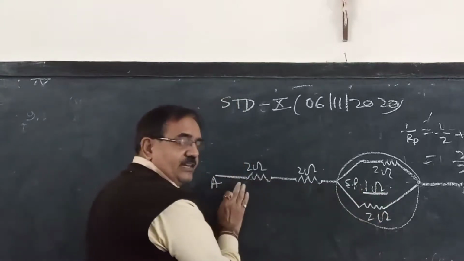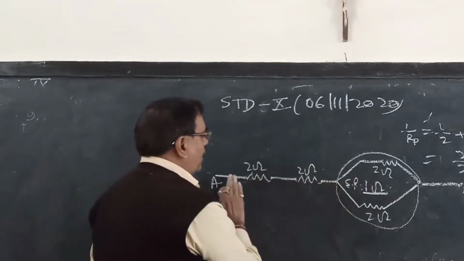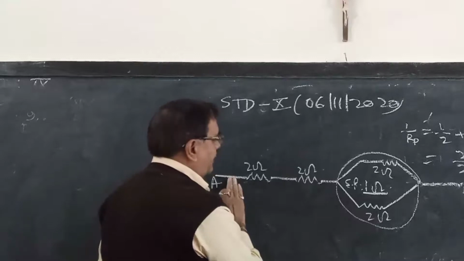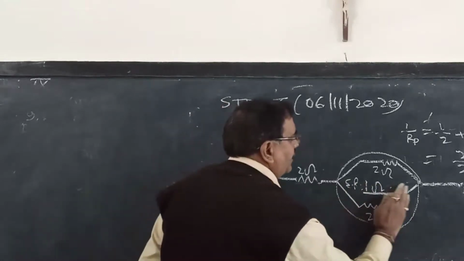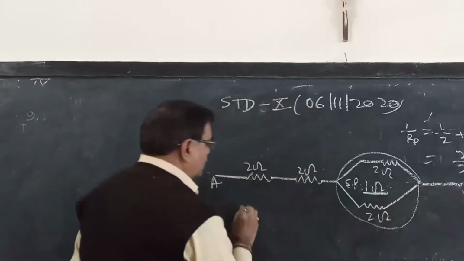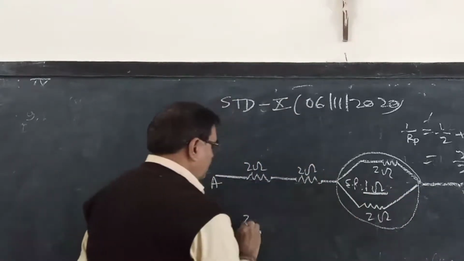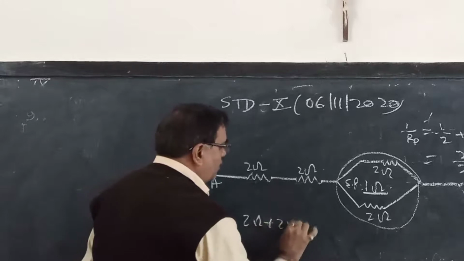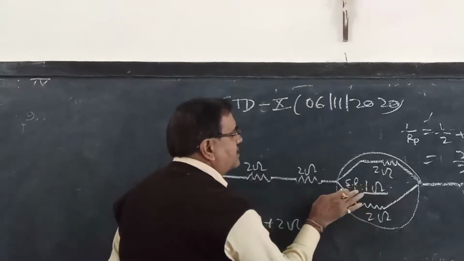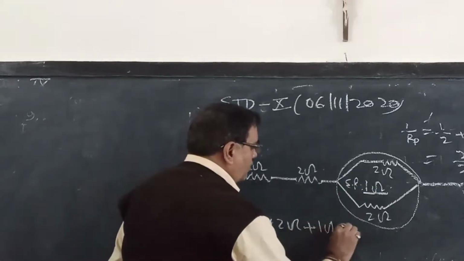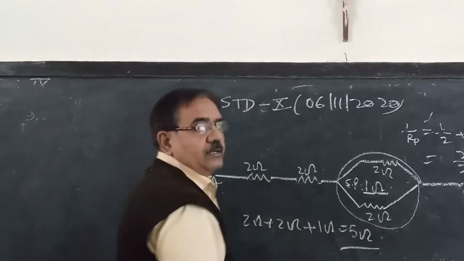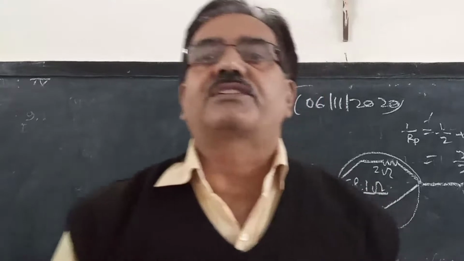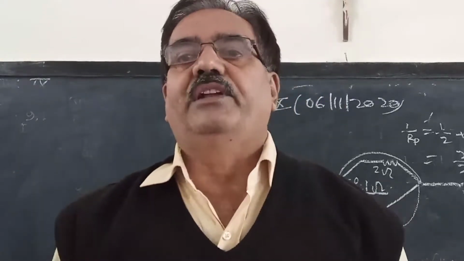Now consider A positive and B negative. The current passes through 2 ohm, then 2 ohm, and through the equivalent resistance up to B. So 2 ohm plus 2 ohm plus the equivalent resistance of 1 ohm, all together 5 ohm. So 5 ohm is the equivalent resistance of this combination.